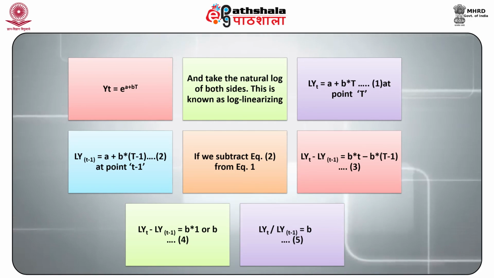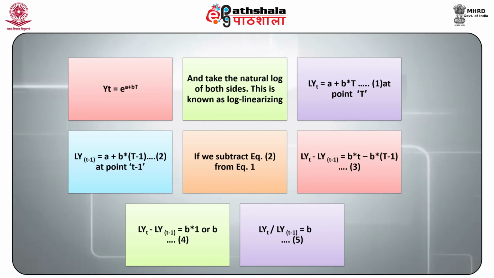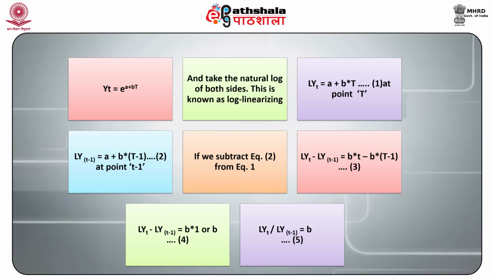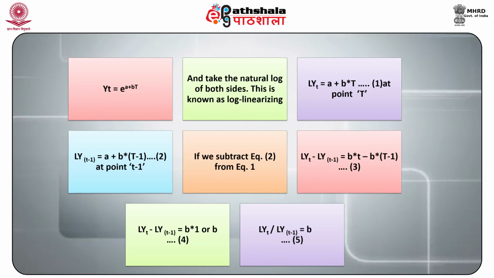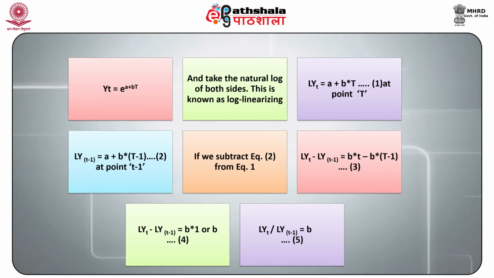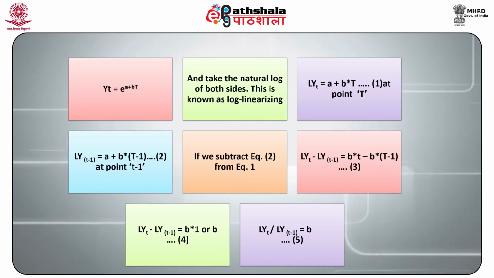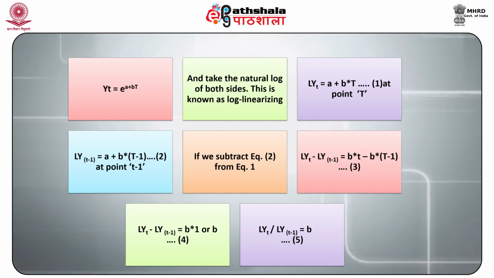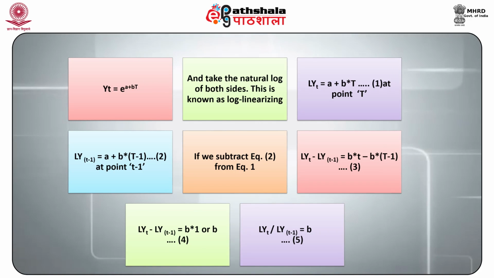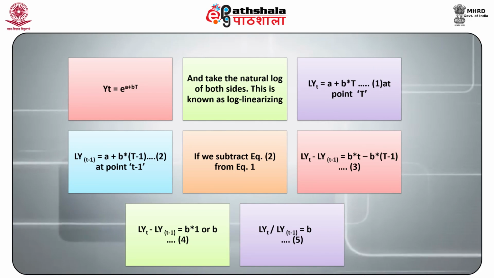Please note that here capital T is not the subscript, but it is a variable which stands for time. If it is annual data, then we will treat this as years. It could be monthly, quarterly, or even daily data. So time refers to the variable at a given point of time.